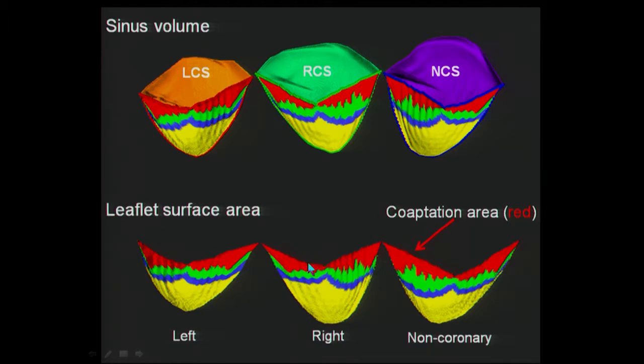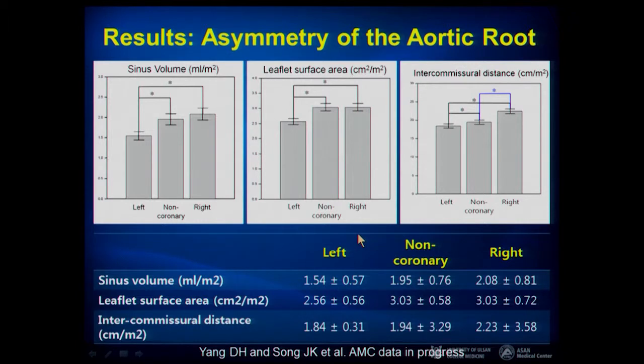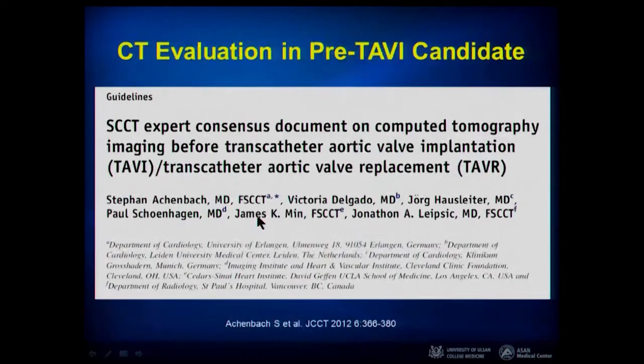This red area means the coaptation area between two cusps. We have demonstrated that there is a geometrical asymmetry in the aortic root, even in normal patients. I believe this quantitative approach might provide new insight for prognostication of aortic valvular disease.